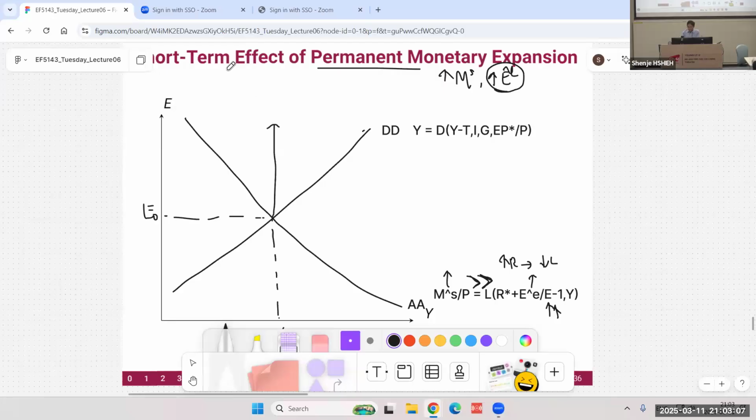Maybe up here. I'm going to write AA prime to indicate the effects coming from the increase in MS and also the increase in E hat E. So I hope you see that E must increase, doubly so or more so than usual, because MS is increasing as well as E hat E increasing. It has to wipe out the increase in E hat E as well as the increase in MS.